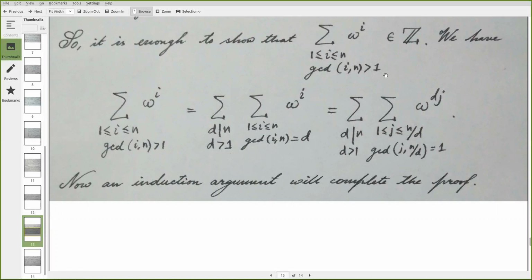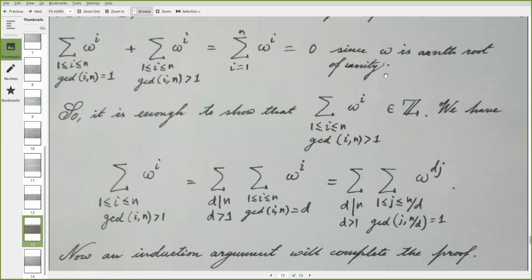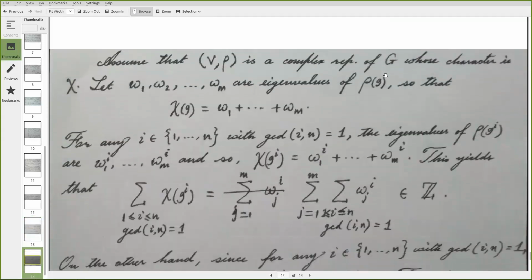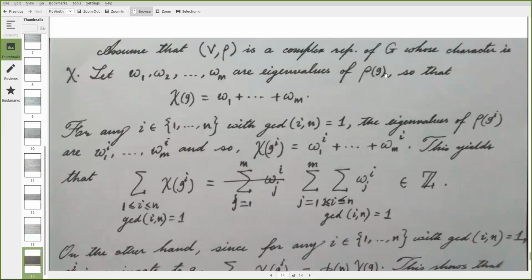So in view of this lemma, now let's finish our main proof. Suppose V is a complex representation of G, whose character is chi.